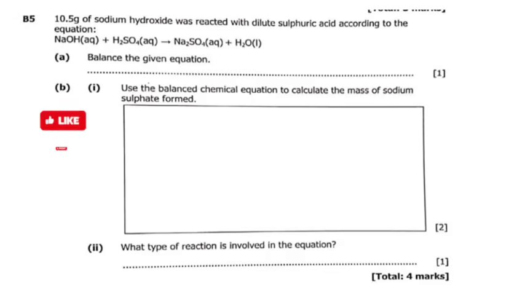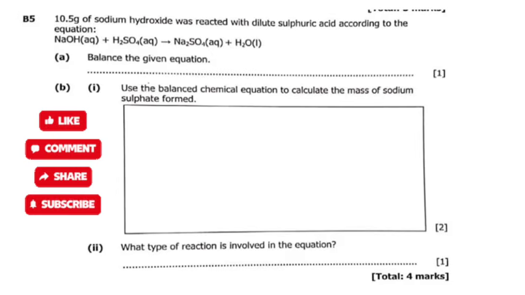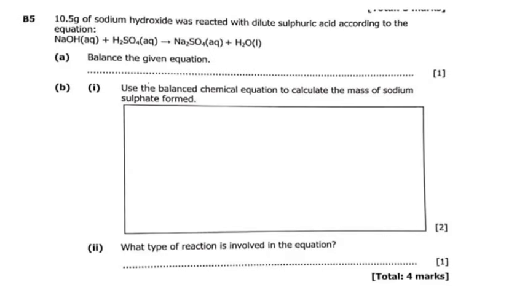This is a reaction of a base and an acid. It's very important to identify the equation before you start answering the question. So this we have here, it is a reaction of a base and an acid. And when a base and an acid react, what's supposed to be given out is salt and water. And this process is called neutralization.